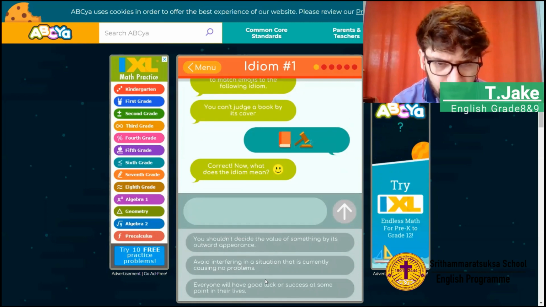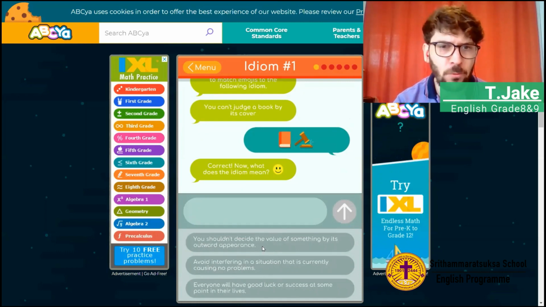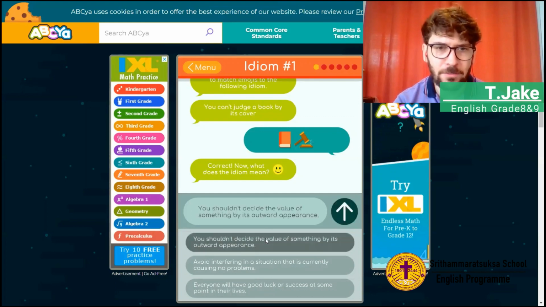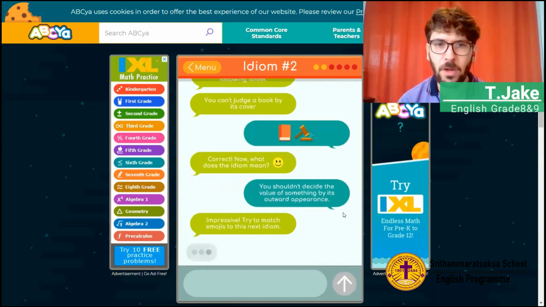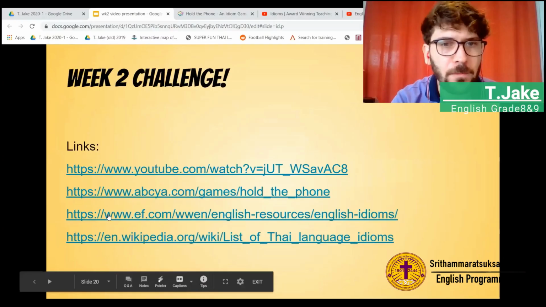So should it be, you shouldn't decide the value of something by its outward appearance? Avoid interfering in a situation that is currently causing no problems, or everyone will have good luck or success at some point in their lives. Now, I think it's this one. Yay. Okay, so it's a very simple game. You can play it on your phones or you can follow the link in the description.